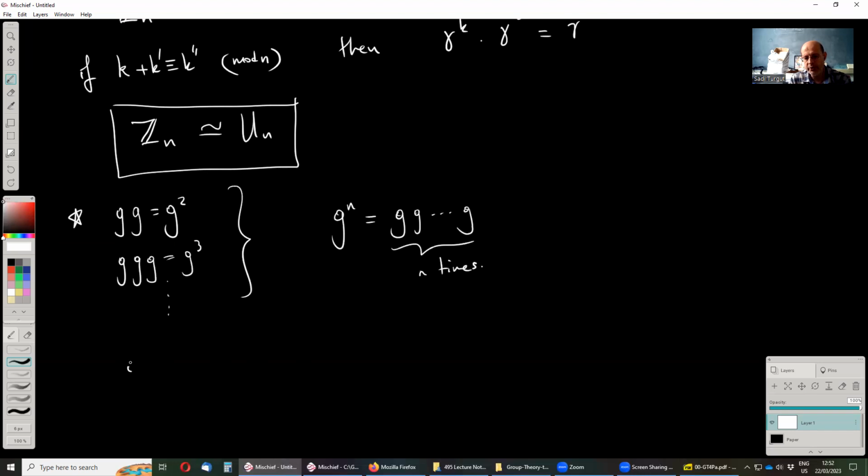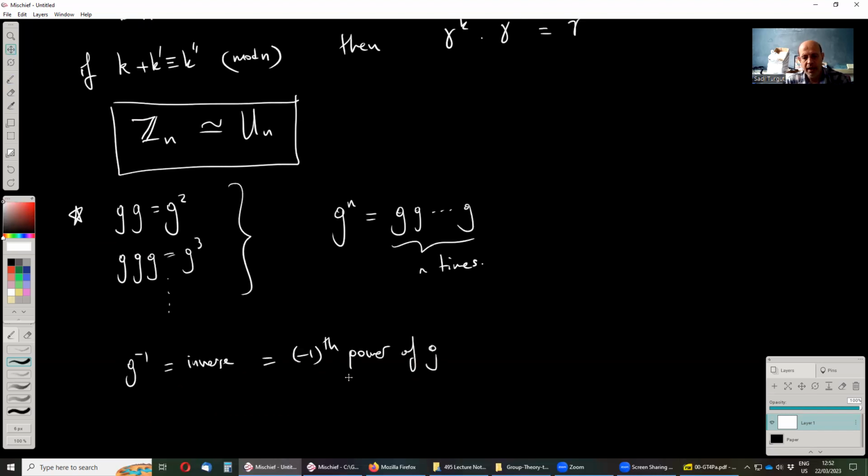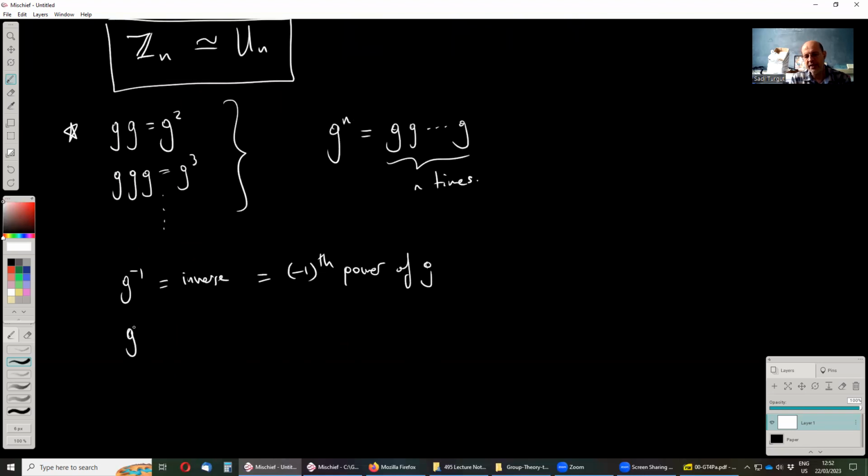And also, I'm going to use G to the minus 1, that's basically the inverse, as the same thing as the minus 1th power of G. Okay. In that case, I can think of G to the minus 3, for example, as the same thing as the cube of the inverse, or the inverse of G cube, right?